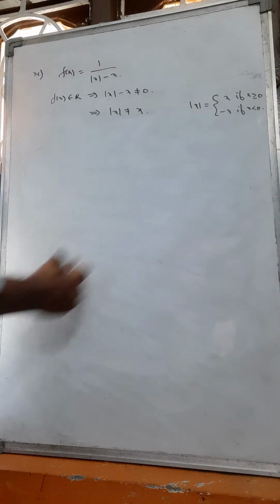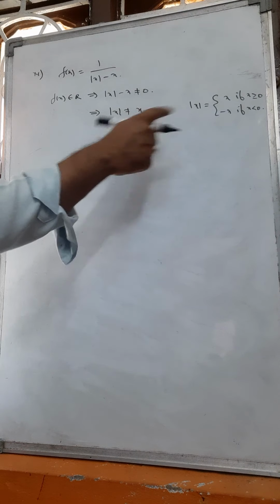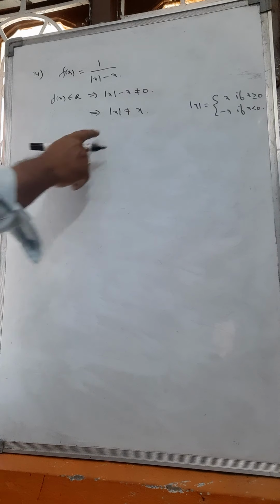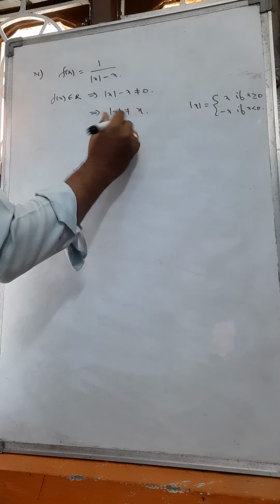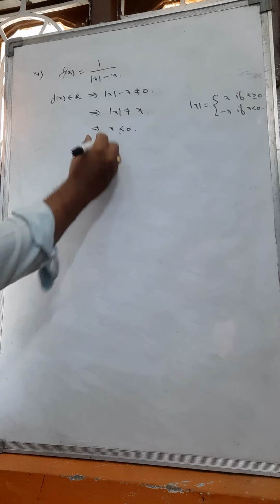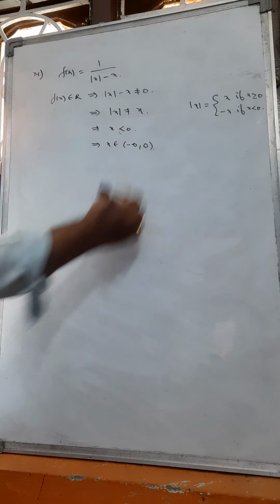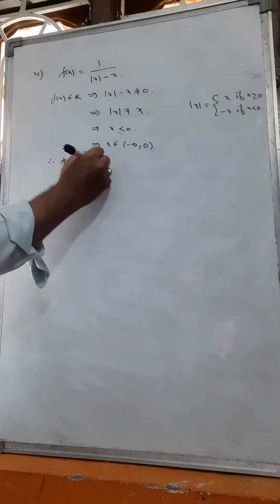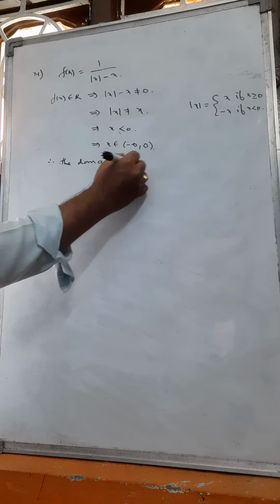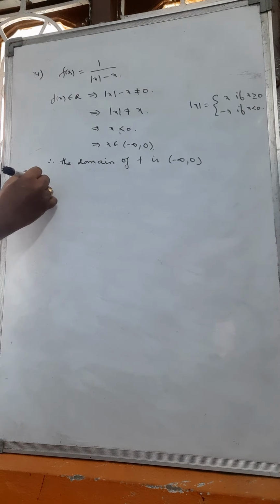It is 0 for x = 0. So |x| is not equal to x means it is equal to -x. So here x is less than 0, which means x belongs to (-infinity, 0). Therefore the domain of f is (-infinity, 0).